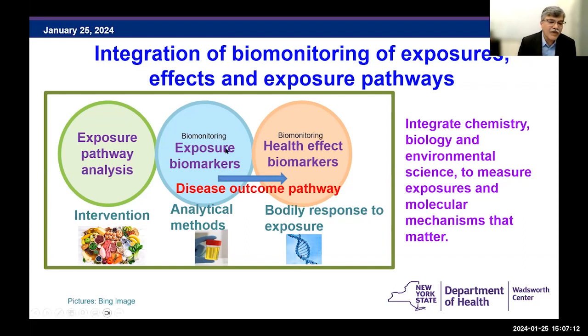So when we talk about biomonitoring, often it involves analytical method development, right? We are measuring chemicals at ultra trace levels. It requires method development, and it's not as simple as people would normally think. Many chemists come to my lab and say, give me the SOP, I will get the analysis done.